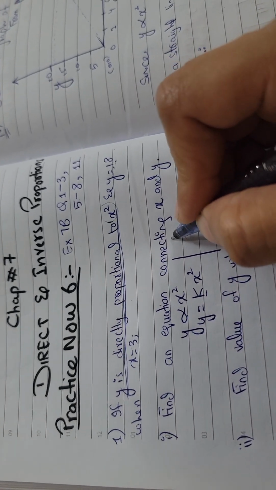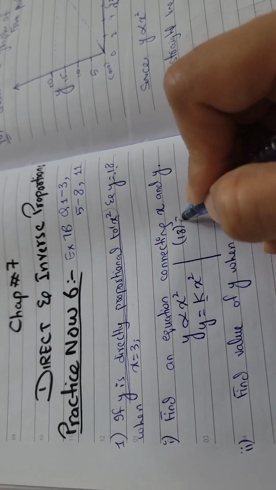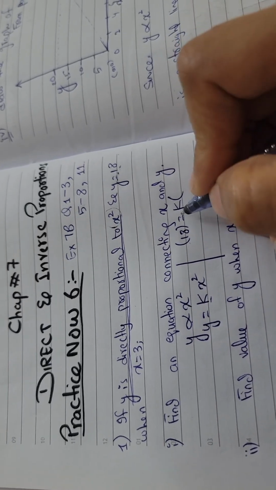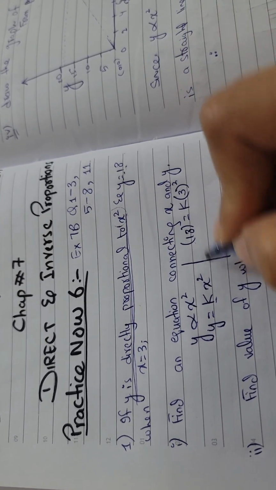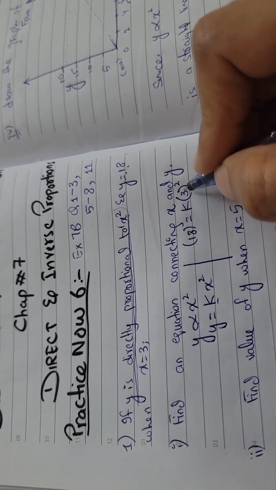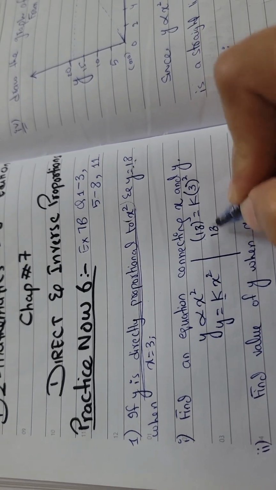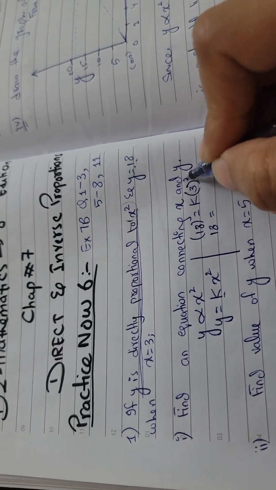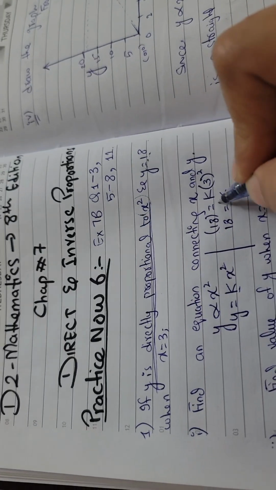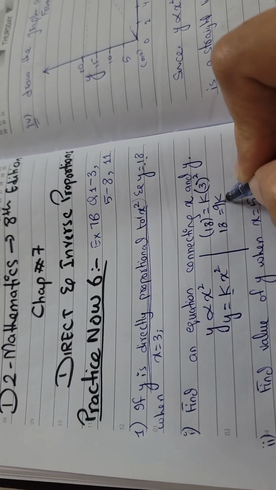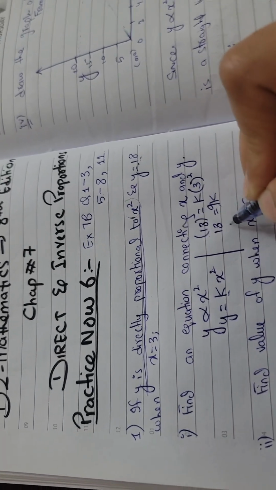So y is 18, so I'm writing 18 instead of y. K, x is equal to 3, but x has a square, so 3 will be squared. So 18 is equal to 3 square, which is 9, so 9k. This 9 is multiplying by this k. When I move it to the other side, it will divide.